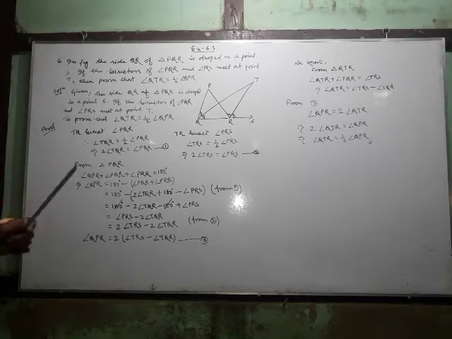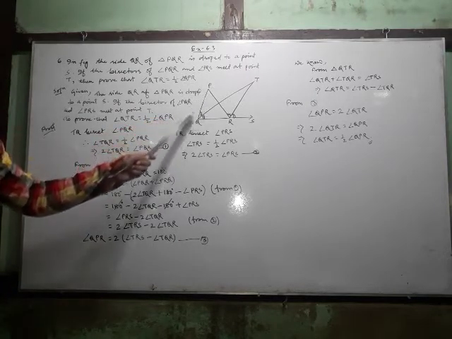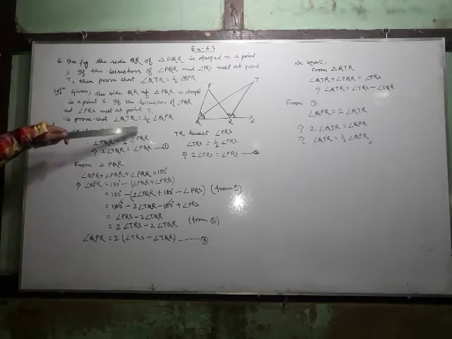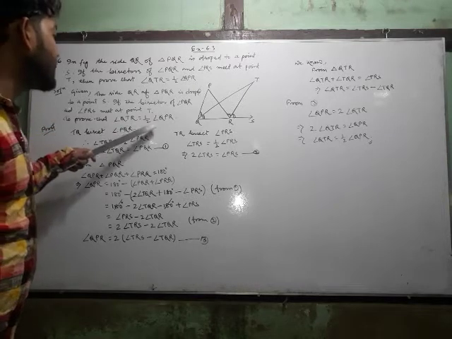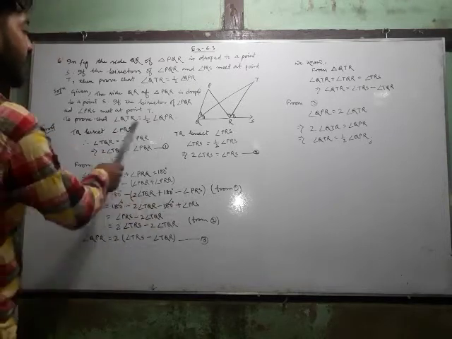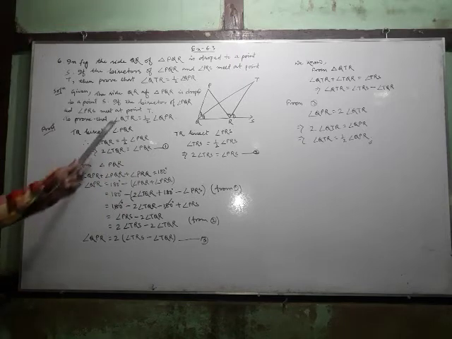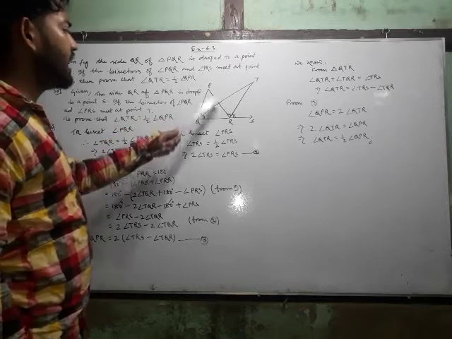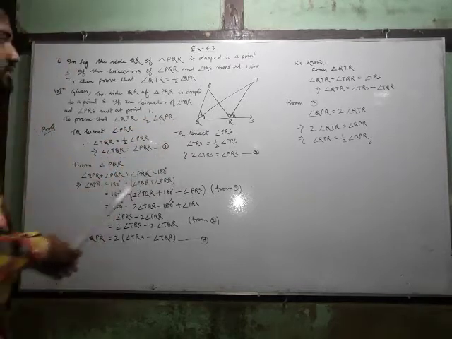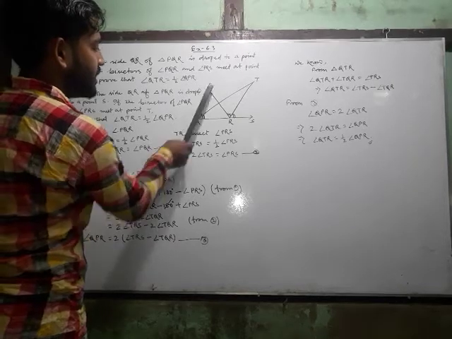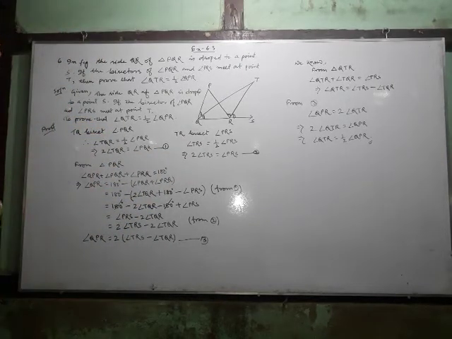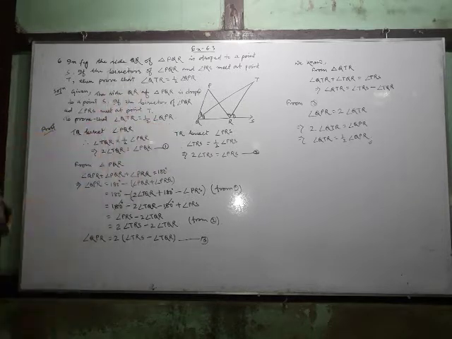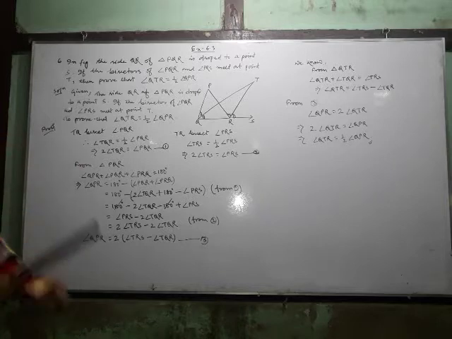Now from the triangle PQR, look at what we are going to prove: angle QTR equals half of angle QPR. So we have to follow these two angles. Out of these two angles, if we take QPR, this angle is in triangle PQR.